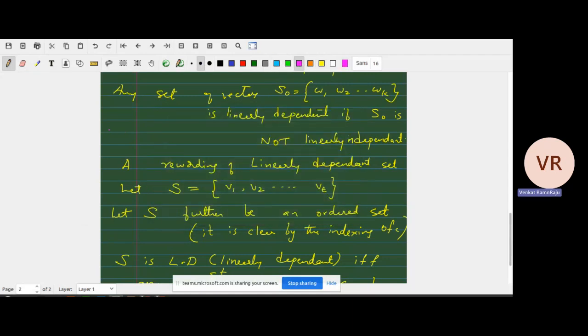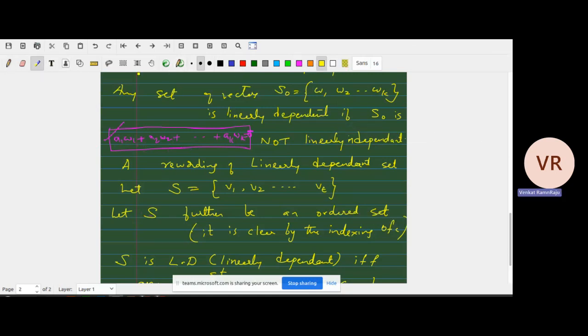If you have these k vectors joined by an equation a1 w1 plus a2 w2 and so on up to ak wk equal to 0, with at least some of the scalars non-zero, so that we get the zero vector on the right side as a non-trivial linear combination, then it is linearly dependent. That is one rewording.